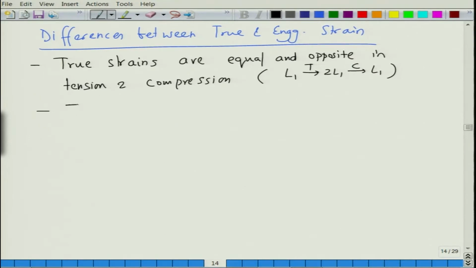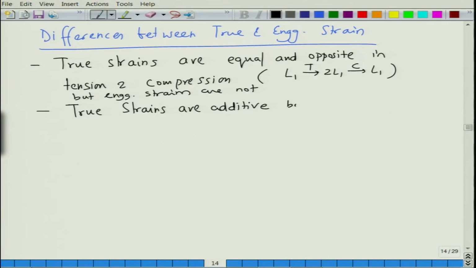We will see that in the example. And then another difference is true strains are additive. So, in the first one true strains are equal and opposite, but engineering strains are not. True strains are additive, but engineering strains are not.